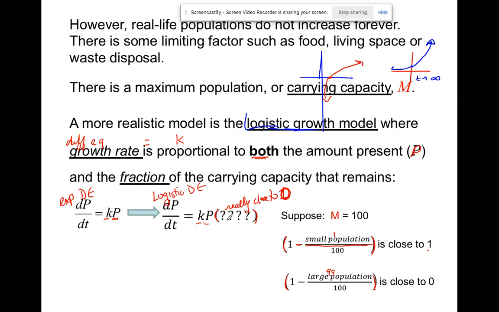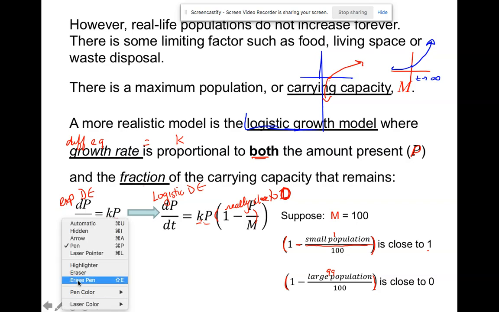It looks really, really close to 0. It's very small. Growth rate small. Still positive. This number is still positive. Constant of proportionality positive, population positive, multiplying by a fraction. So your growth rate is still positive, but smaller over time. That's where this logistic equation comes from.